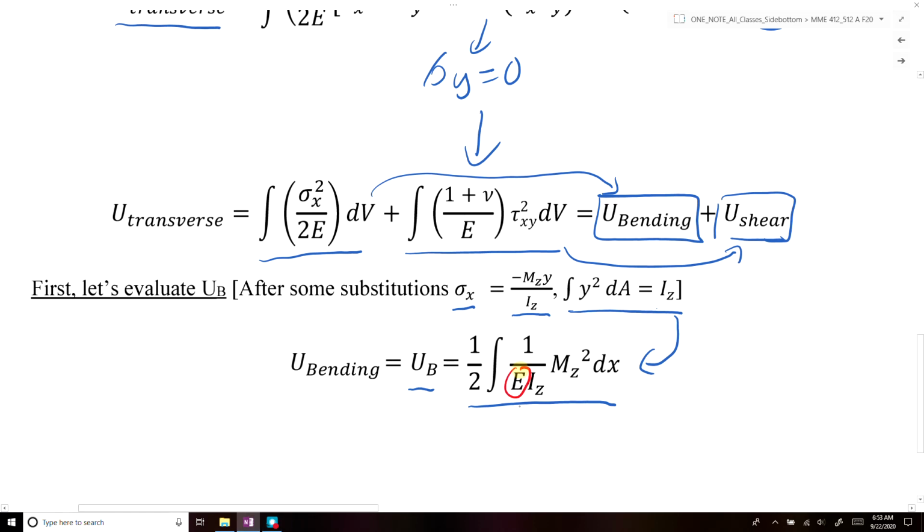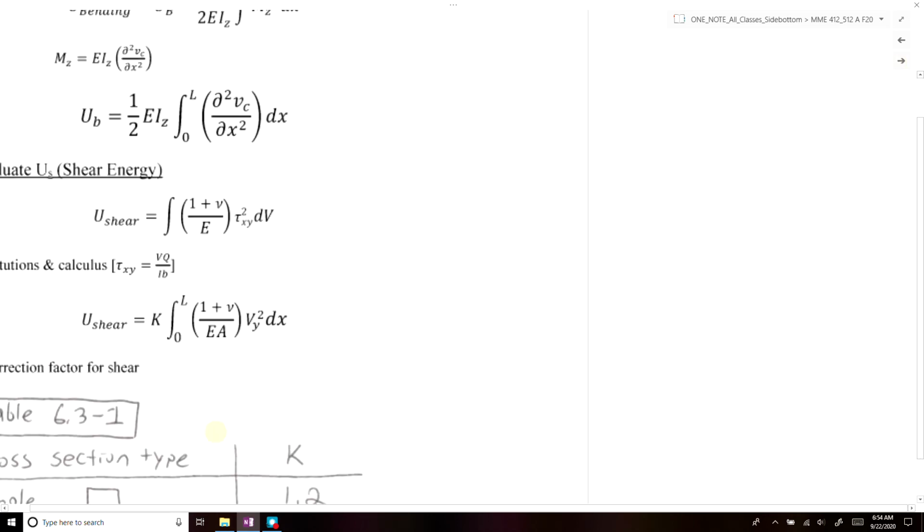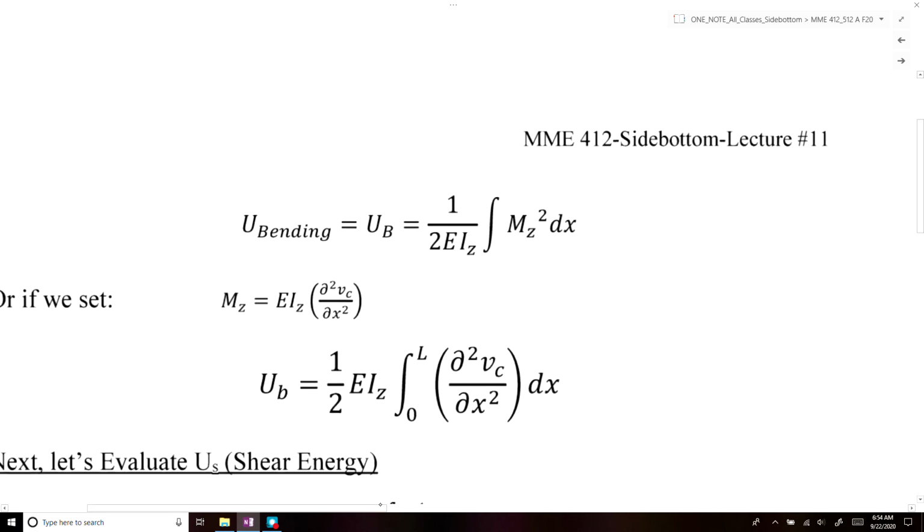If the elastic modulus is the same, it's the same material, and if the beam has a constant cross section, then these are constants. If E and I are constant, we can then simplify this equation down even more, and we'll end up getting the following equation for the bending strain energy, where we only have to evaluate the integral of the moment about the z-axis squared times dx.